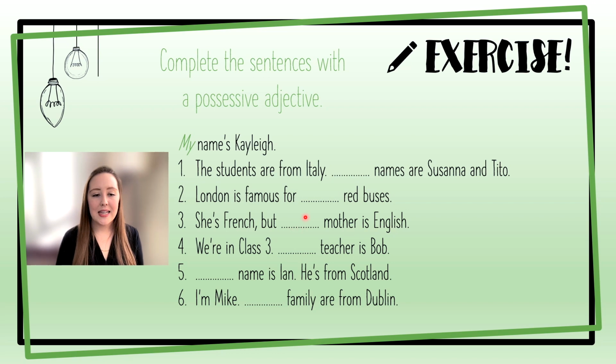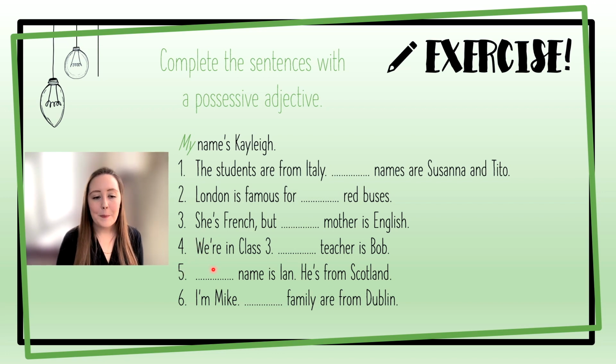What is the possessive adjective for mother? For female, for girl. Good. Number 4. We're in class 3. Teacher is Bob. What is the possessive adjective for we? Can you remember?